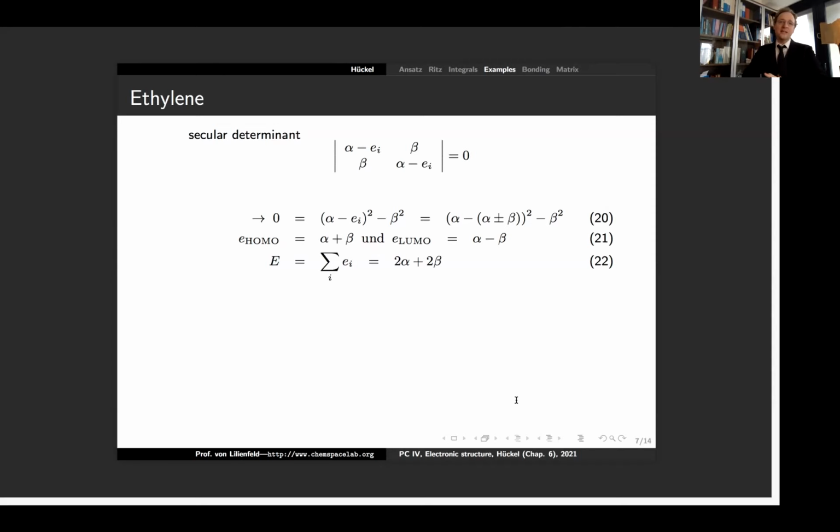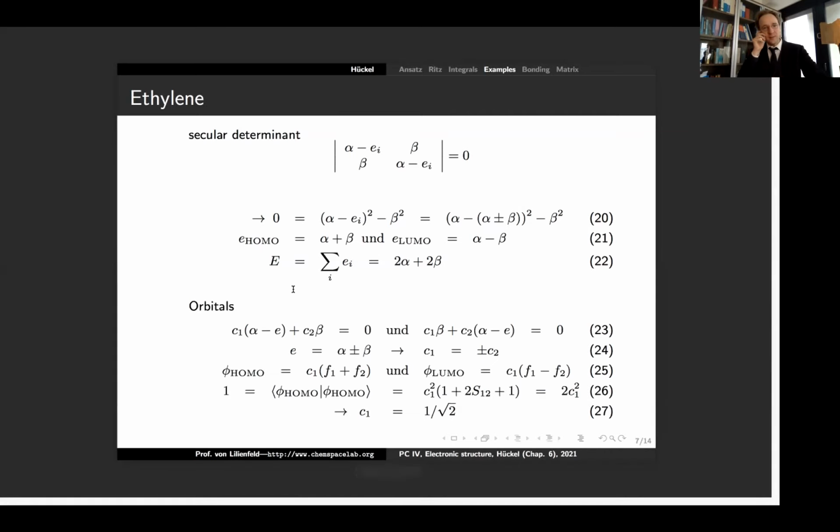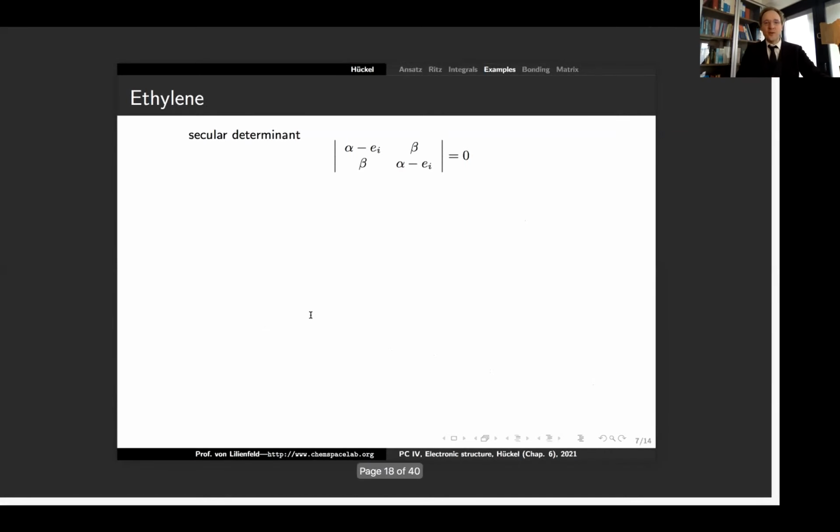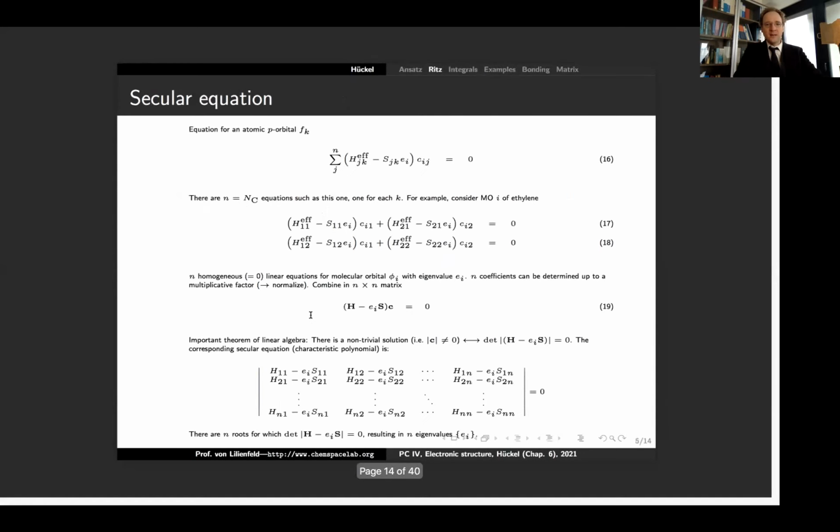You can only address it once you know the eigenvalues, because you need these eigenvalues to substitute things back in this equation number 19, right? This is equation number 19. 17 and 18 exemplify number 19 for the 2-electron system.